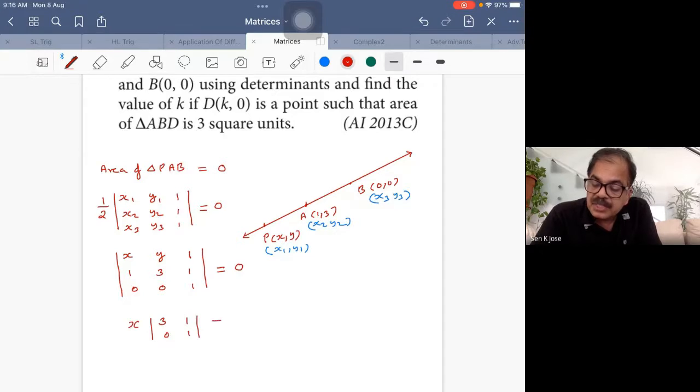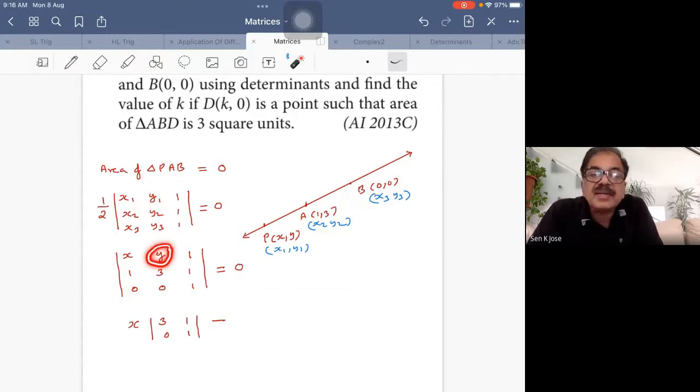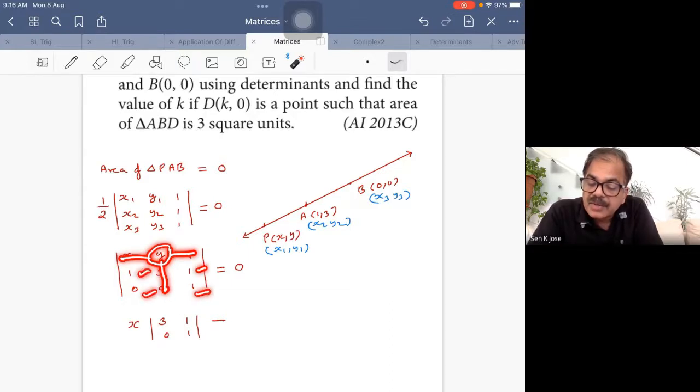The next position sign is always subtraction. So minus, we pick up the next element, which is y. So I write y into its minor. What do I do? Delete the row and the column it belongs to. You can see 4 different numbers: 1, 1, 0, 1.